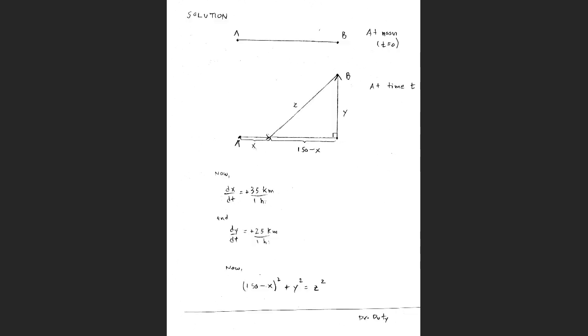What I've done is draw two pictures to help you get a feel for the situation. So you have ships A and B. At noon, at time equals 0, this is the location of ships A and B. Let me add a little something to the picture.